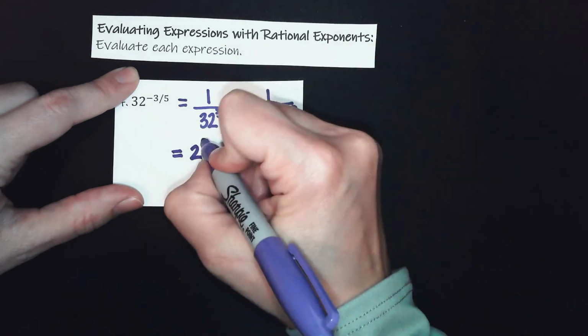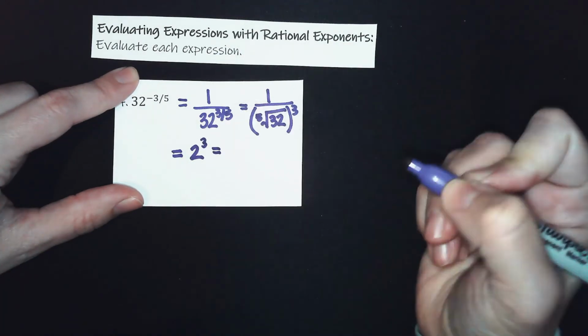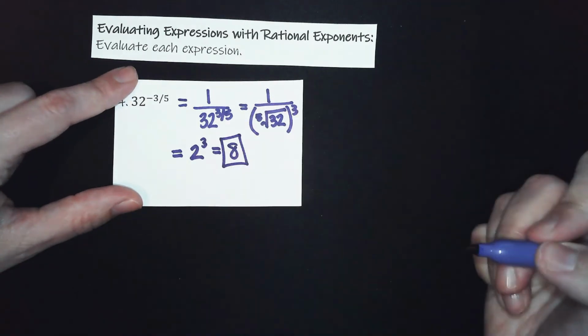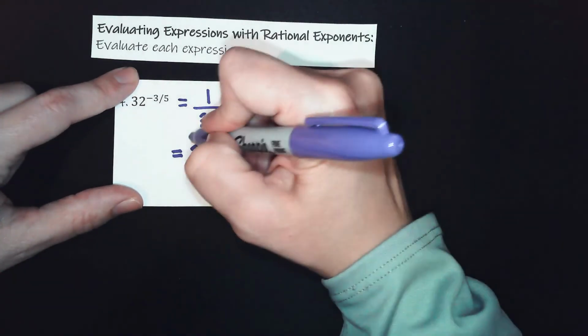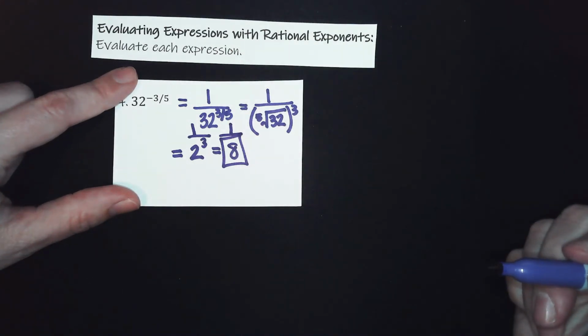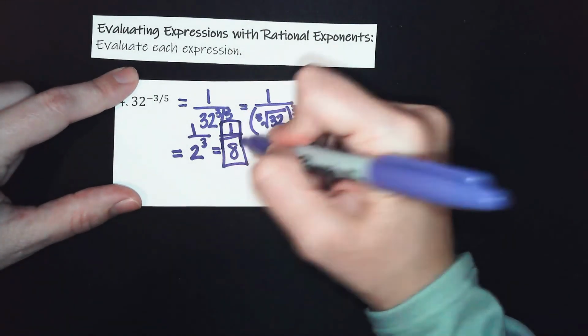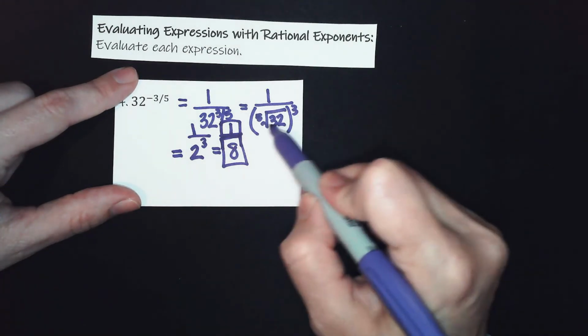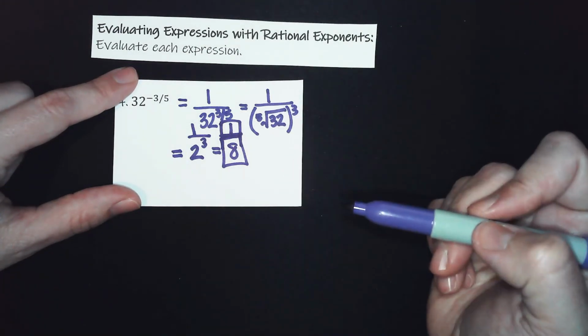And it is still cubed. And 2 times 2 times 2 is 8. Oh, but I missed the 1 over. I am so sorry. It's 1 over 8. Let me get all of that in there. Sorry, 1 over 8. I just started solving the bottom. You can't forget the 1 on top.